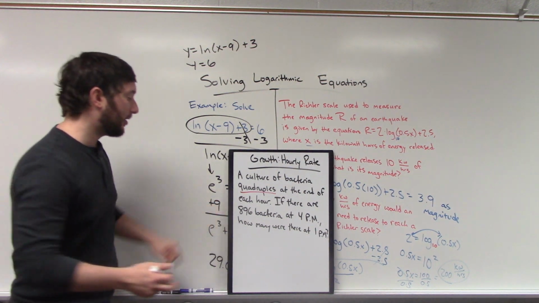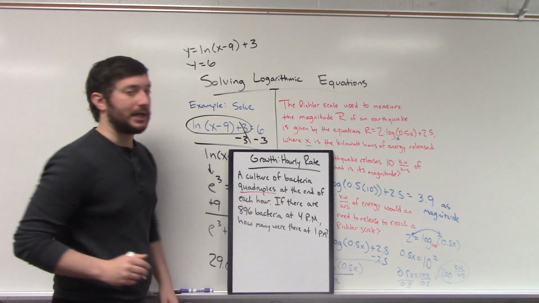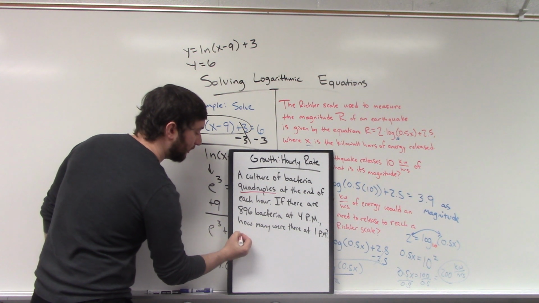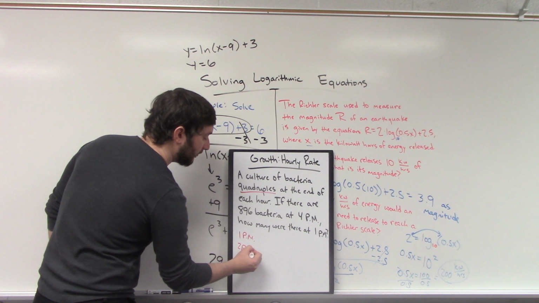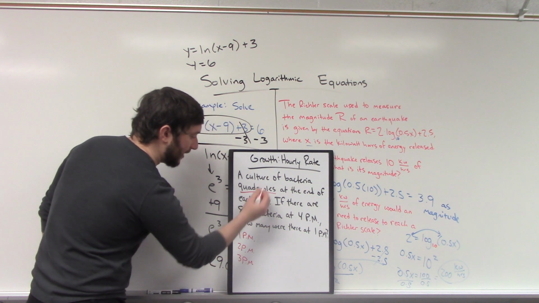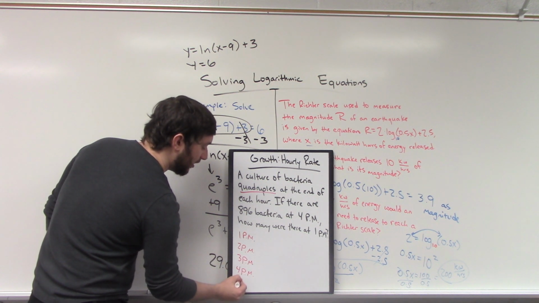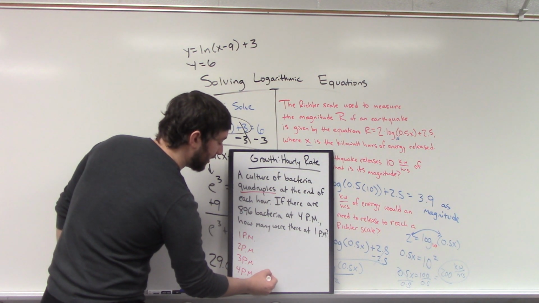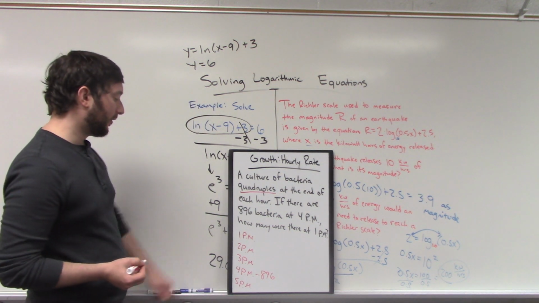Now, the easiest way to do this, because we're going to look for how many bacteria were at 1 p.m., how I would set this up, and I've seen some students do this as well, is to just go ahead and write out some of these hours, right? The hourly rate is increasing, so we're going to work with hours here. Okay. Now we have 896 at the end of 4 p.m.